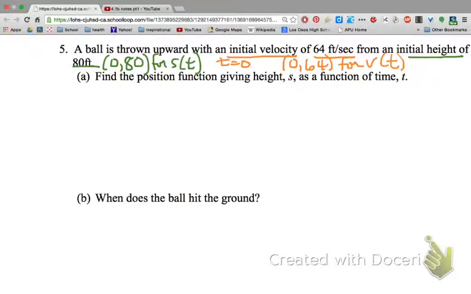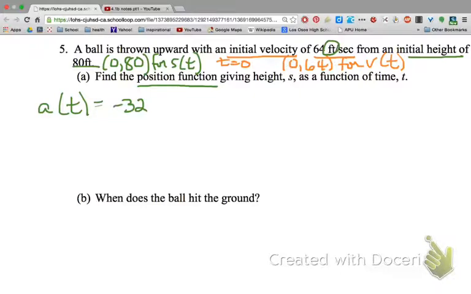Okay, so now I want to get back to the original position function, but they didn't give me anything to work with except what I know is that acceleration, since this is in feet, is negative 32 feet per second squared.